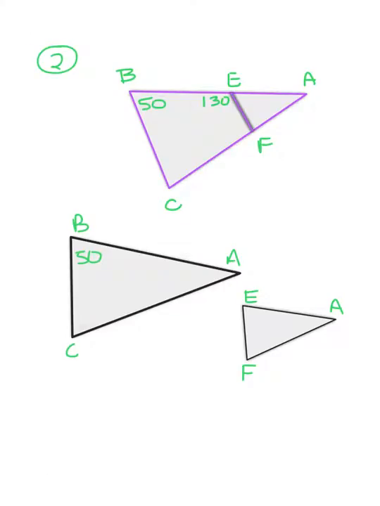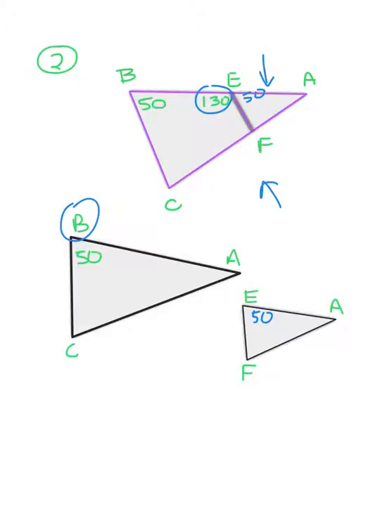Okay, and taking a look at number 2, we have a big triangle, triangle ABC, and then we have the smaller triangle in there, triangle EAF. So we need to figure out if these are similar. So I redrew them at the bottom, so I know that angle B is going to be 50. And angle A, now I know if this piece is 130, I know this has to be 50 as well because it's a straight angle. So I'm going to mark that down here.